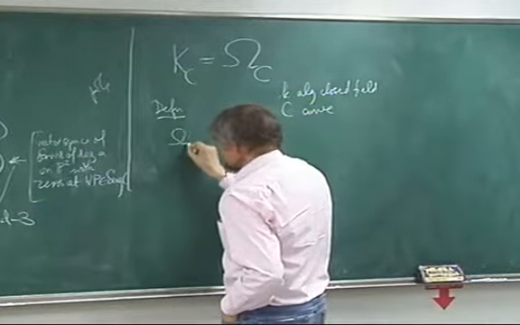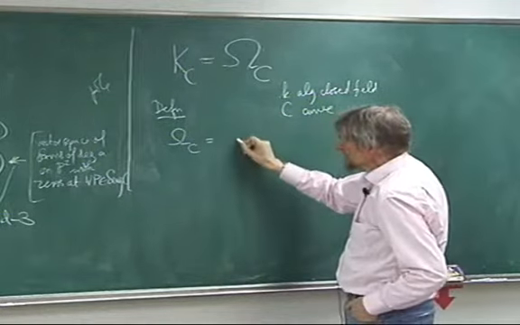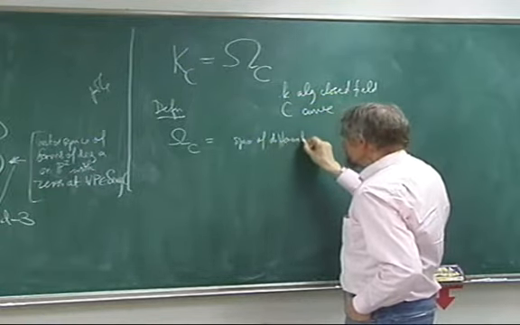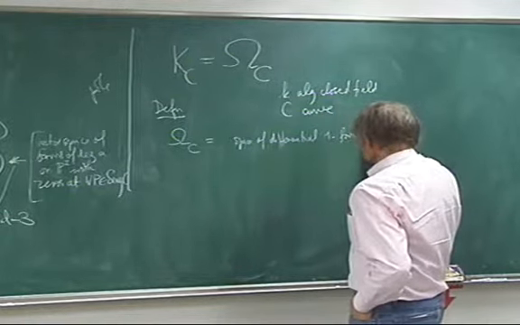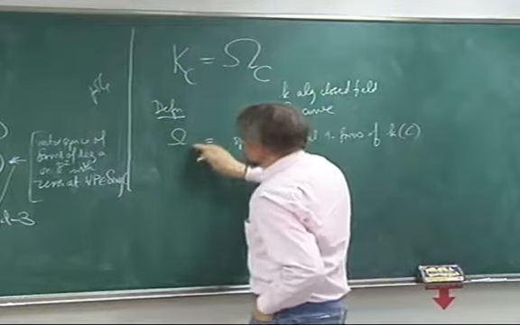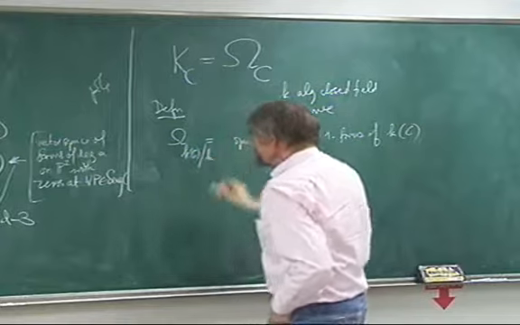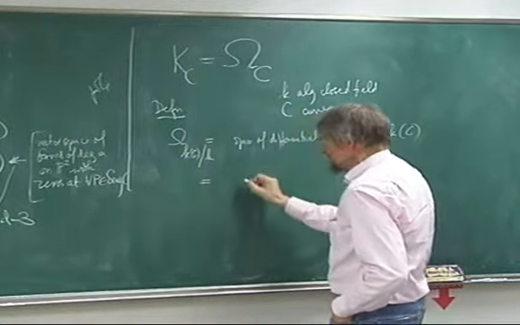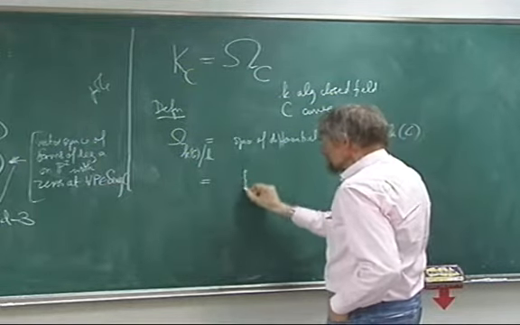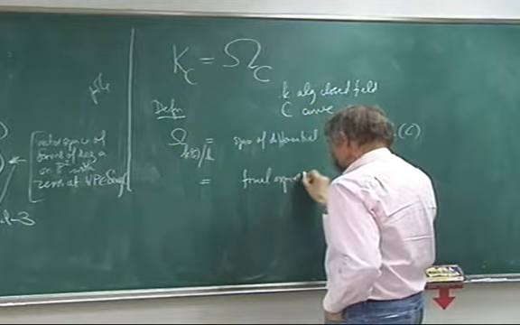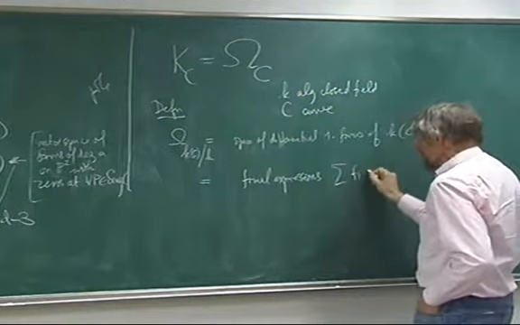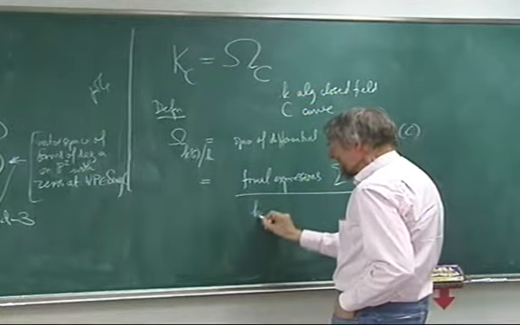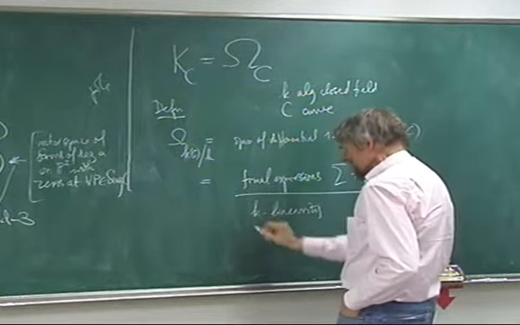So, definition: I'm going to write omega C. This is the space of differential 1-forms of C over K. Yes, I'm sorry, this is Omega C over K. This is formal expressions, the sum of f_i dg_i, modulo two kinds of relations: K-linearity and Leibniz.